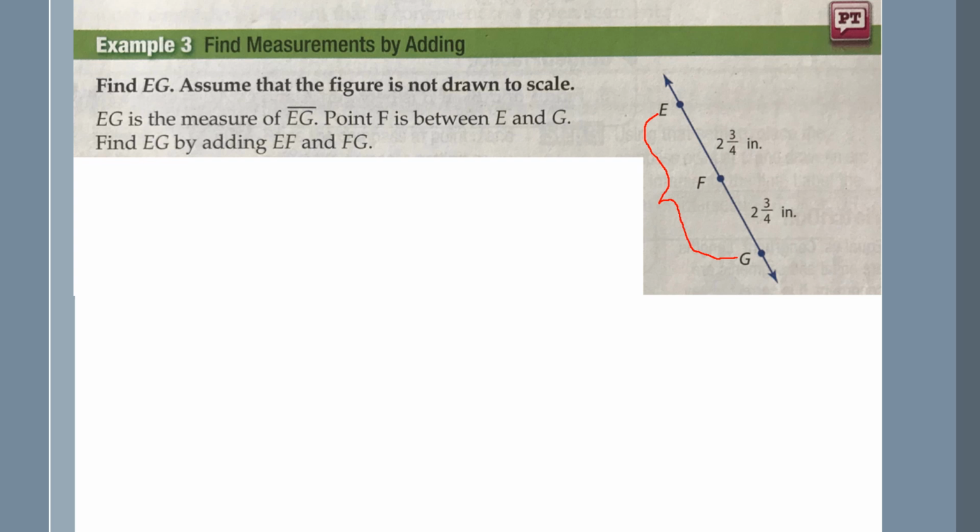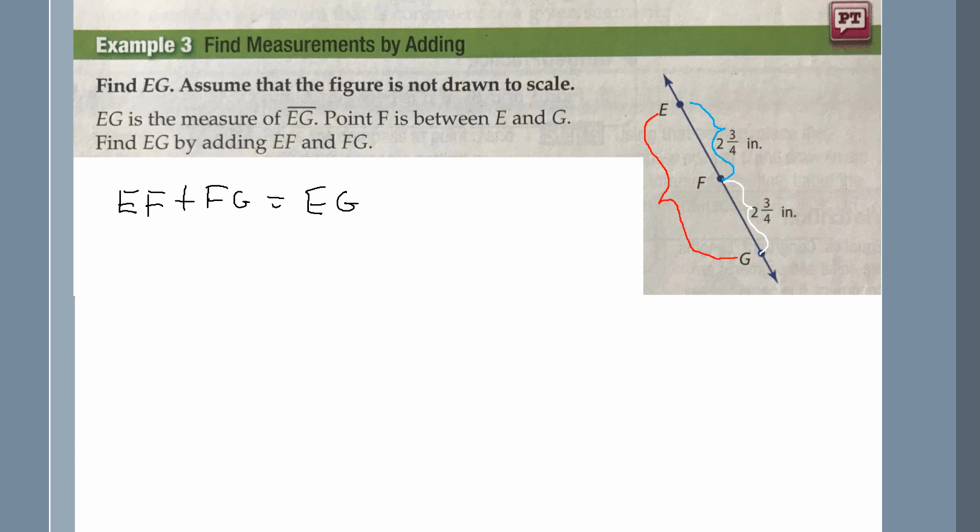runs from here to here, so if this one here is 2 3/4, and this segment here is also 2 3/4, well, then it would just make a lot of sense that we can take and add the length of EF, right, plus the length of FG together to get the length of EG.